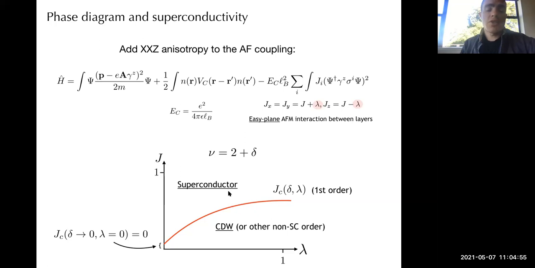Below this J, there's a first order phase transition into a Wigner crystal, similar to the Wigner crystals we know from the fractional quantum Hall effect. In fact, if I go to larger delta, like delta equals 1/2, you can get fractional quantum Hall states. But I'm usually going to focus on the smaller delta just to keep things compact. And so that leads to this first order phase boundary between them, with a critical value of J described by this curve as a function of lambda.